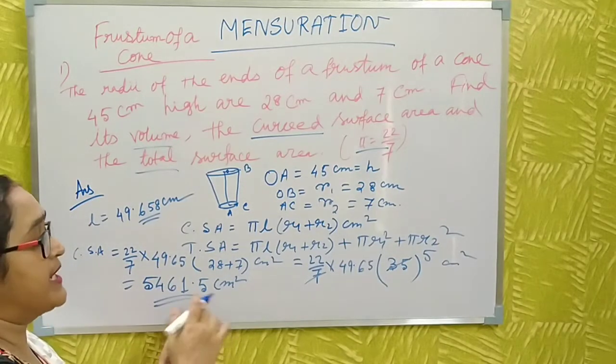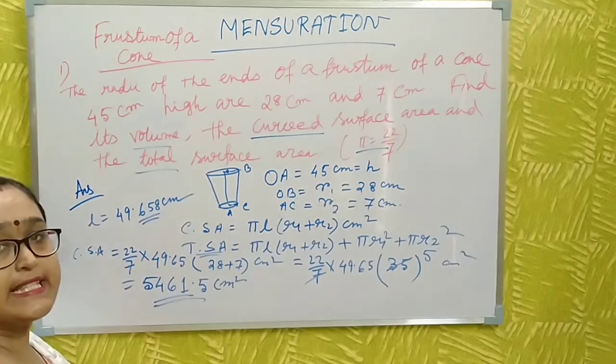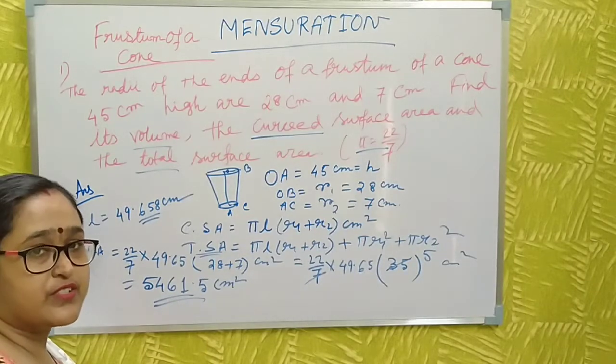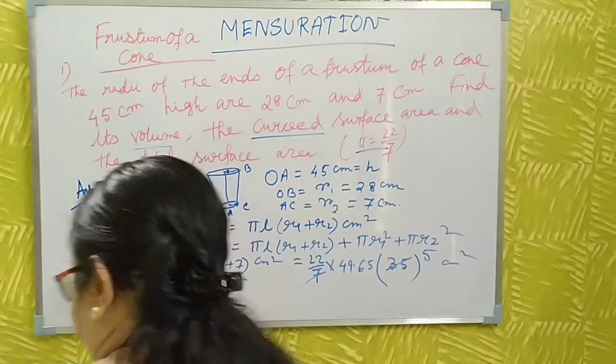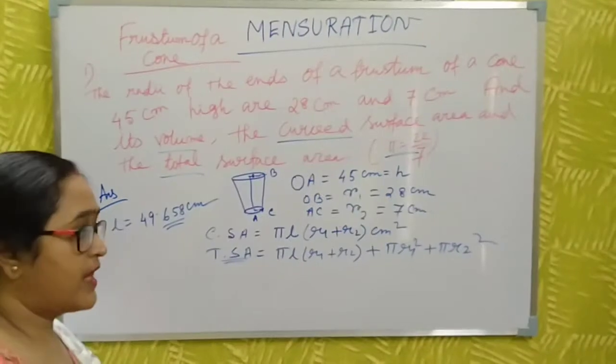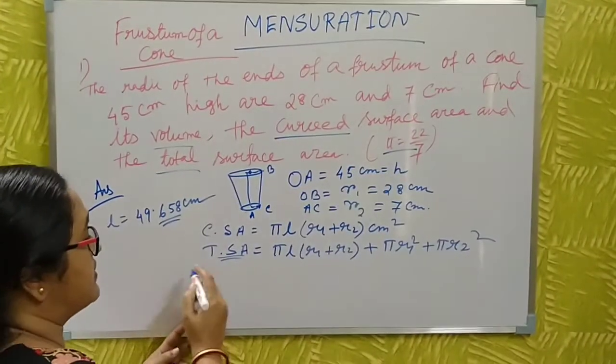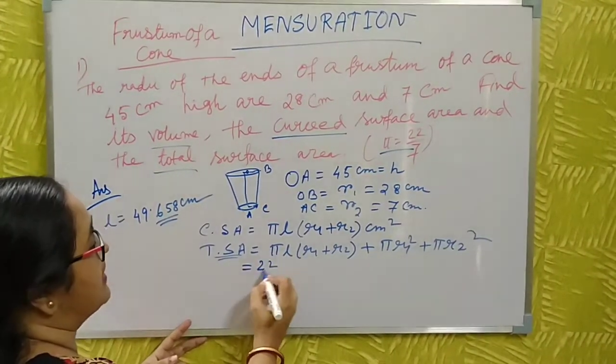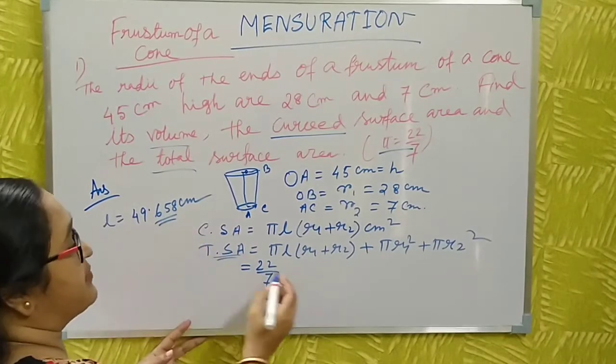And the next topic is TSA, the total surface area of the frustum. Now I just find the TSA. You just put here 22/7 and you take 2 decimal places.